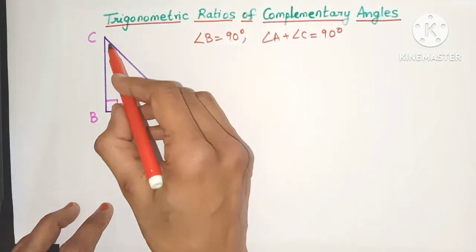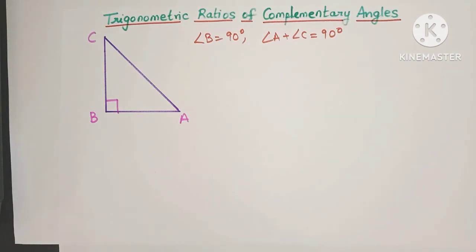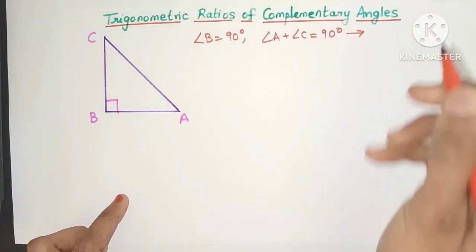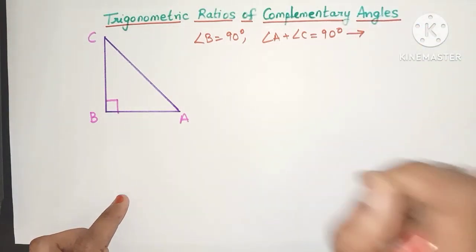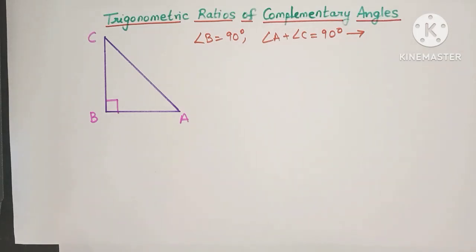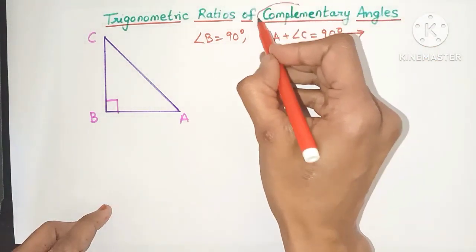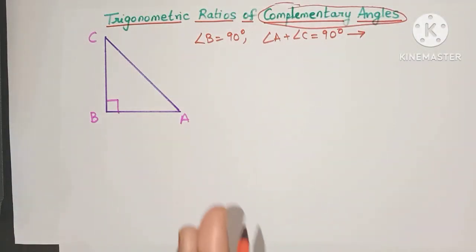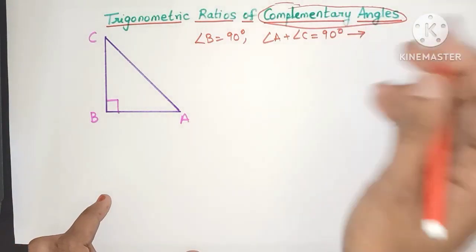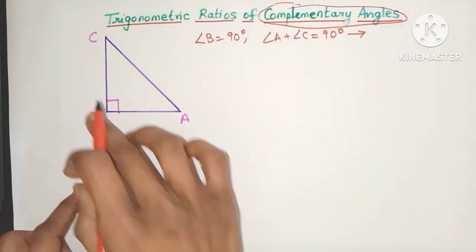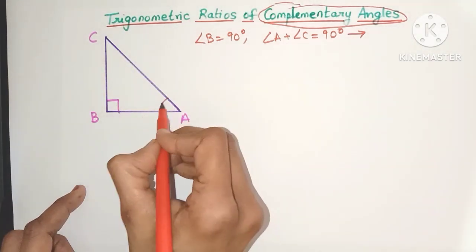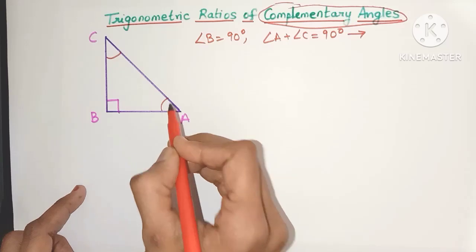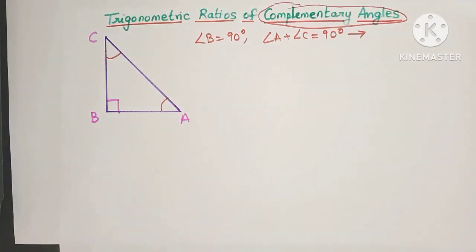Since these two angles when added give 90 degrees, do you recall what these angles are known as? Yes, these are known as complementary angles. So angles which when added give you 90 degrees are known as complementary angles. So in a right angle triangle, angle A and angle C are complementary angles.